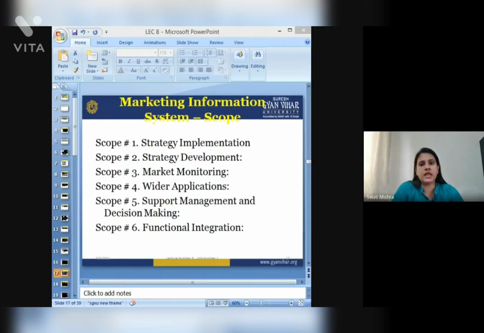So MIS helps in the product launches, authorizes the coordination of marketing strategies, and is also an integral part of the Salesforce automation and customer relationship management, which we call SFA and CRM, and of course the customer service systems implementations. So it permits the decision makers to more effectively manage the Salesforce as well as its customer relationships. And that is why it forms a very important part of the strategy implementation.